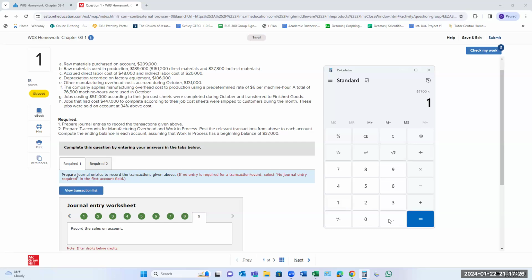So I'm going to put 1.34 because my percent was 34%. So 1 plus the percent times the cost of the job equals, I didn't put enough zeros.